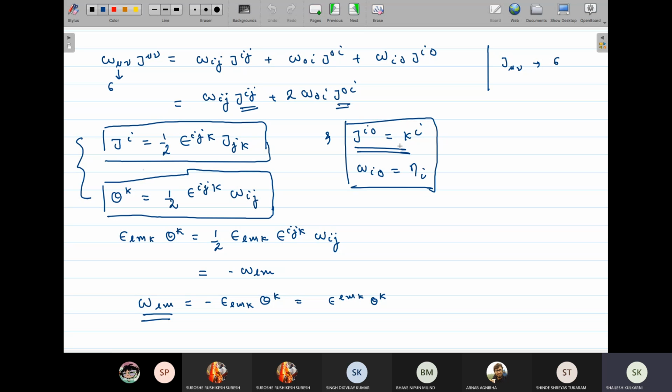Give me a minute. I can invert this relation, and I can write j ij as minus epsilon ij k, jk.